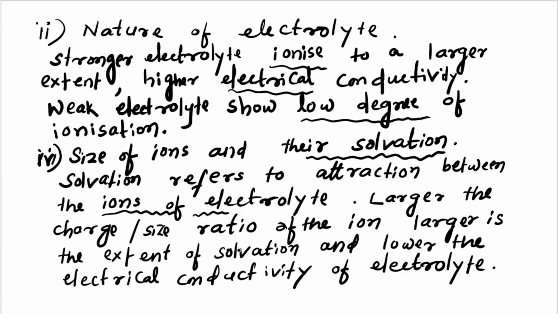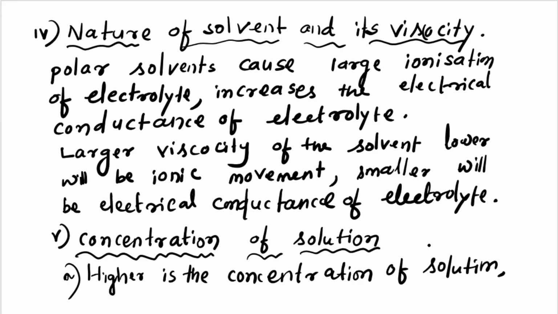If lower, the electrical conductivity of the electrolyte is lower. That means if the charge by size ratio is higher, then the extent of solvation is higher. If it is lower, the electrical conductivity of the electrolyte is also lower.